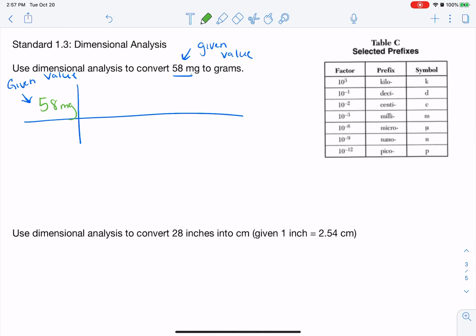Notice I'm keeping the unit. Now, we need to use our prefix table to find our conversion factor. Okay? So I have to find m. m is for milli, that's here. And this is the number. And how I read this is I say, okay, 1 milligram is equal to 1 times 10 to the negative third gram. So this is our conversion factor.